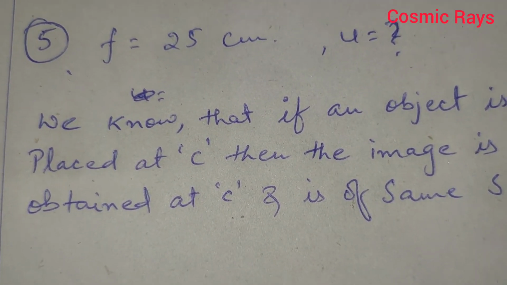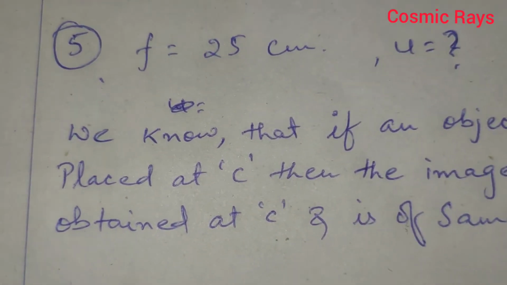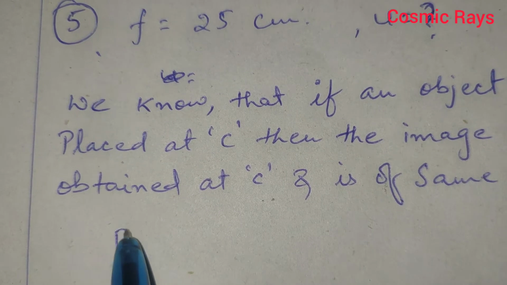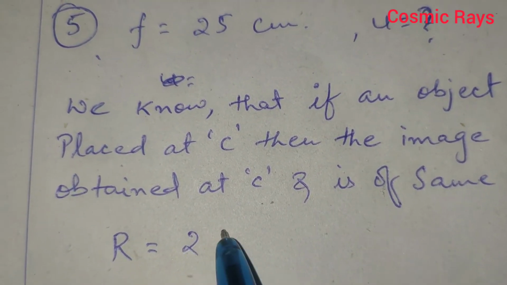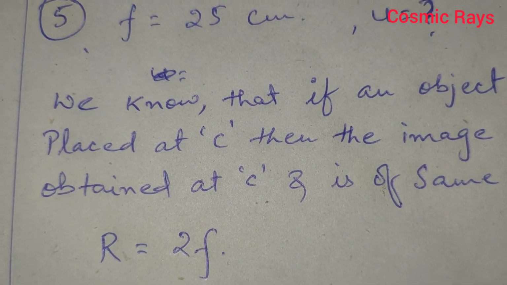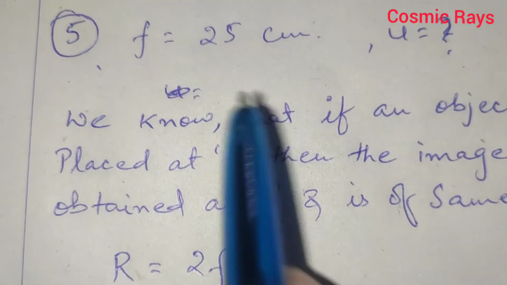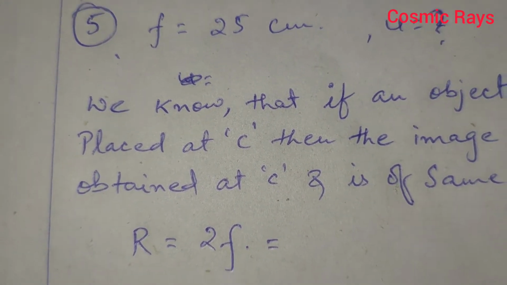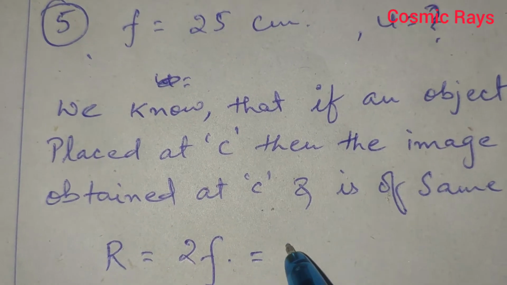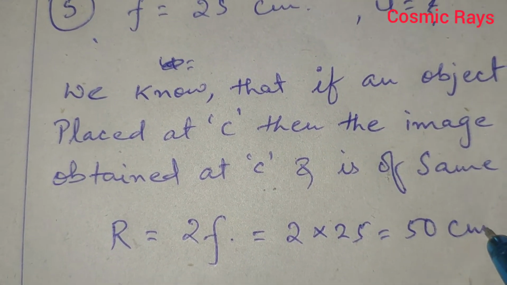So we have to find the point where the center of curvature lies. Center of curvature is nothing but the radius. So R is equal to twice the focal length. We will be using this formula. We have been provided with the focal length. Here we don't have to be worried about the sign convention. So we simply write 2 into 25, that is 50 centimeter.